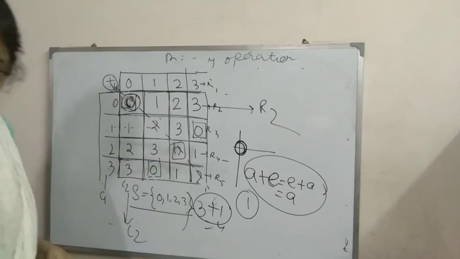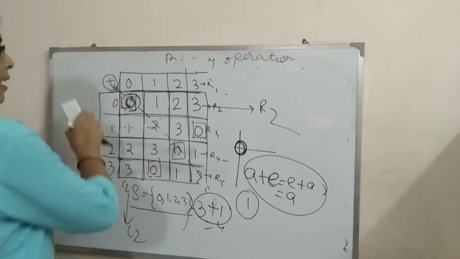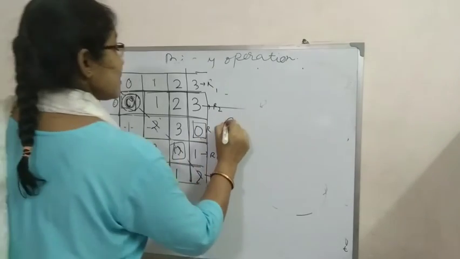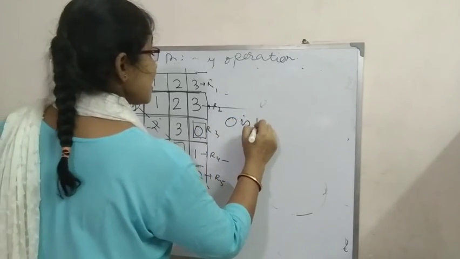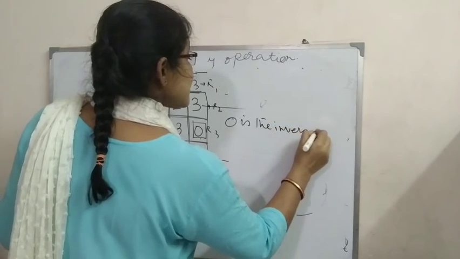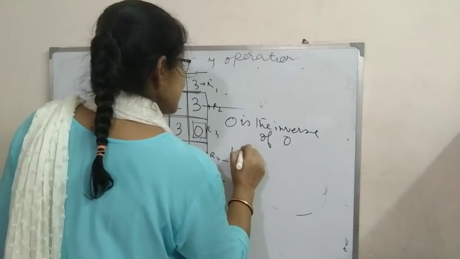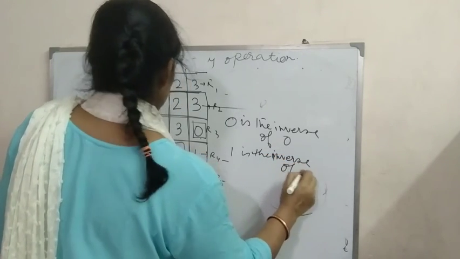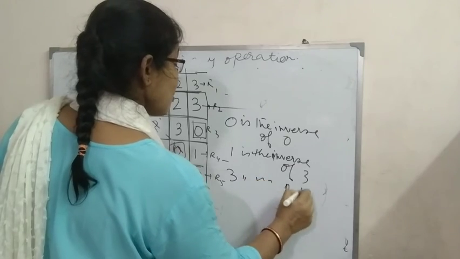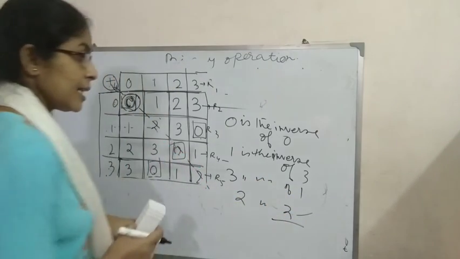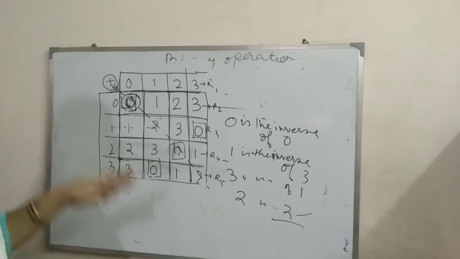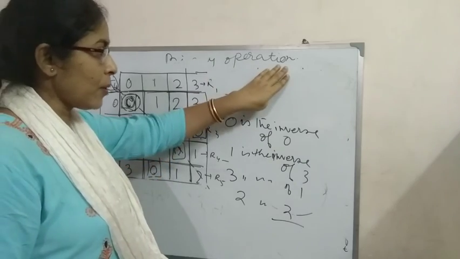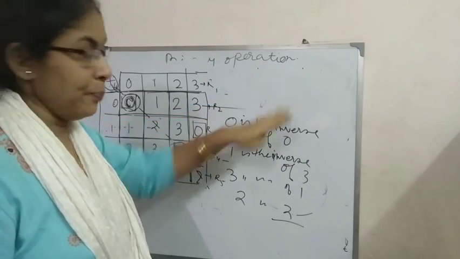In this way I will get the inverse of an element. 0 is the inverse of 0, 1 is the inverse of 3, 3 is the inverse of 1, 2 is the inverse of 2. In this way, I will get the inverse element in the binary operation and composition table.